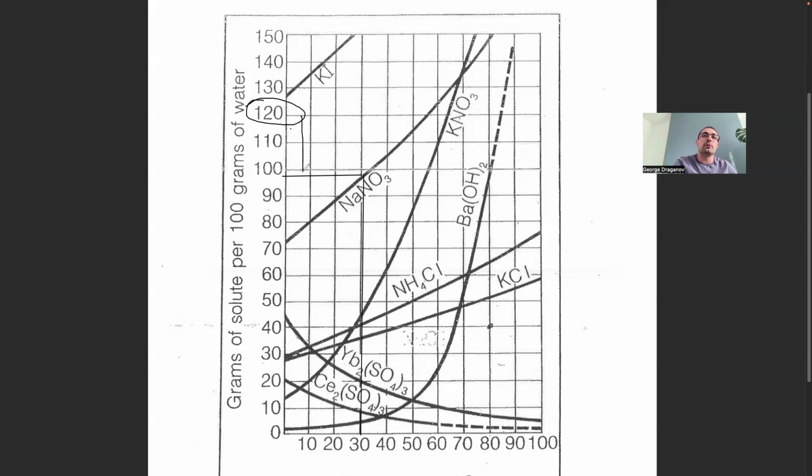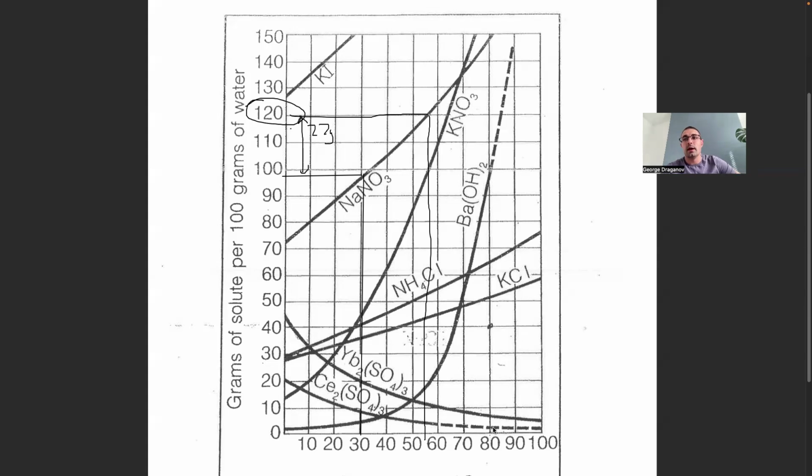So the difference between these two, which is 22 grams, is the mass that will be on the bottom of the beaker, because the solution is supersaturated. It has too much solid. In order to dissolve the 120 grams, you would need to heat it up to about 55 degrees. So it's all about reading things off the graph.